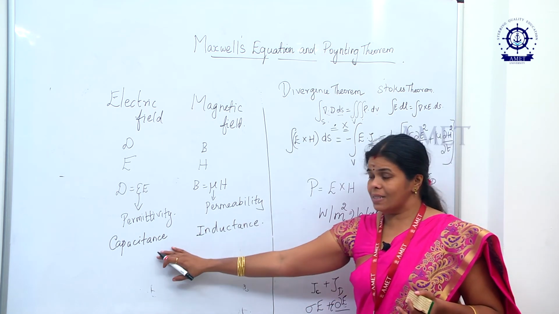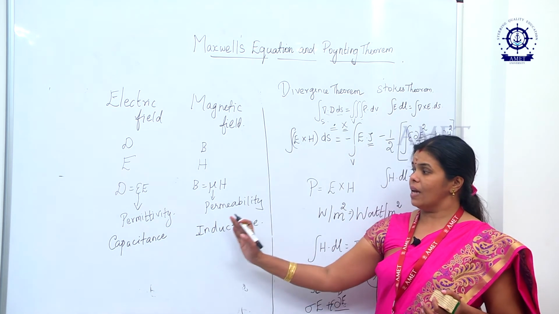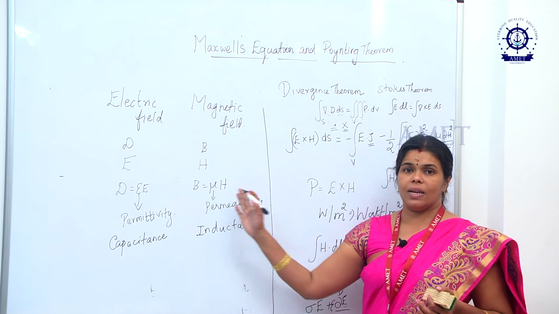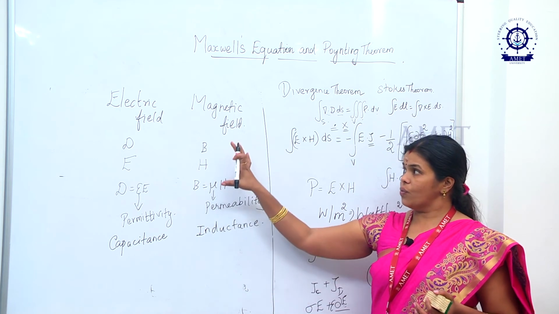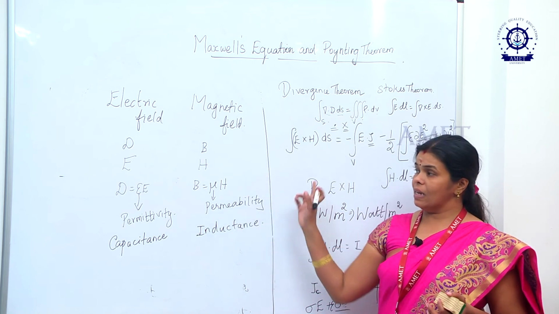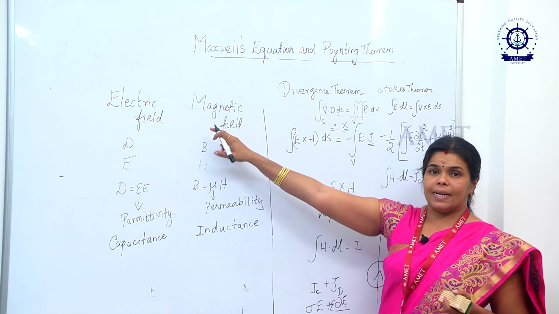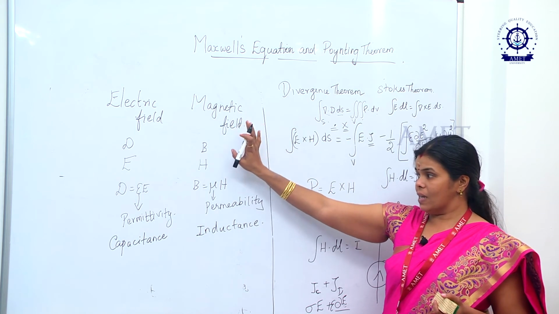For capacitance we have to derive the capacitance for a cone. Like that we have to study the electric field and the magnetic field separately. If you have a clear idea about the electric field and the magnetic field, then it will be easier to study the wave equation where we are clubbing the electric field as well as the magnetic field.